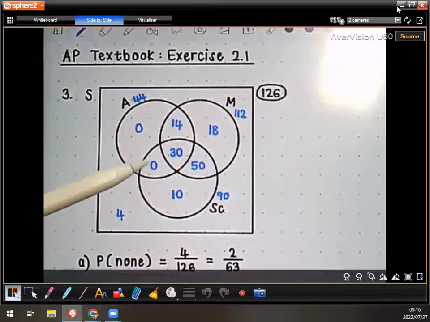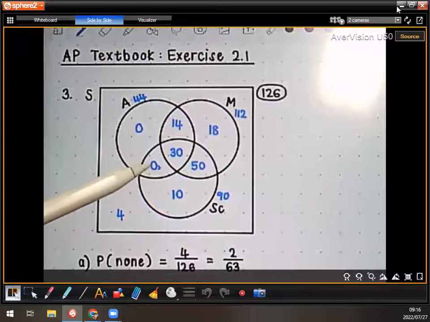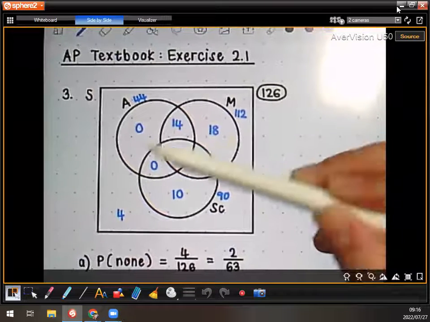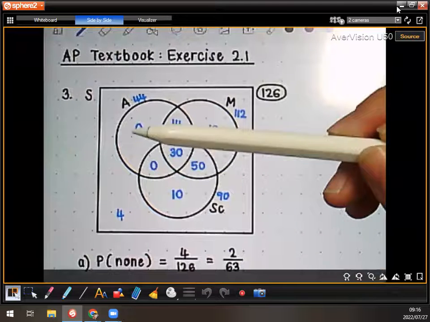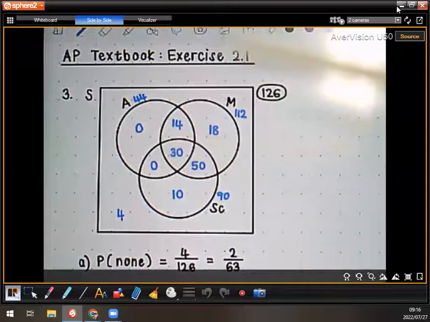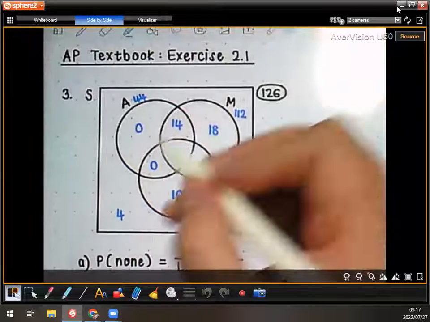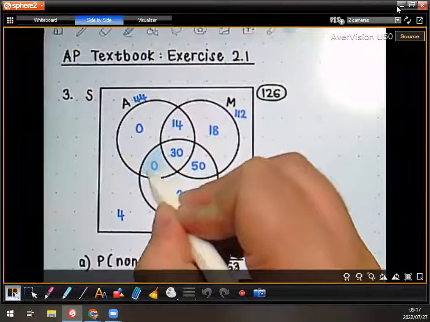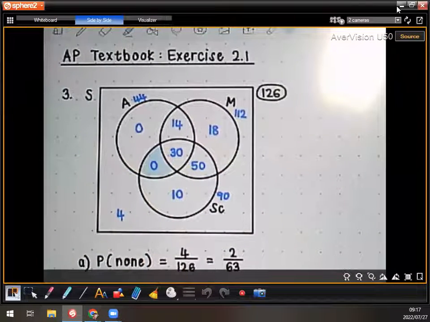So it doesn't make sense, so we can put a 0 there, right? And then if you're looking at this part here, how would I describe this half of the overlap? This is add maths and science, but not maths. Just this part here. That's add maths and science, but not maths. But is that possible?